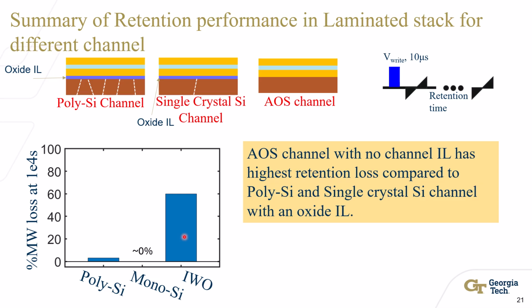However, AOS channel FEFETs without an interlayer have the largest memory window loss compared to the other channel materials. Using a channel interlayer, as I mentioned before, can significantly reduce the memory window loss, but that could possibly come at the cost of a reduction in the memory window because of the presence of the oxide interlayer.